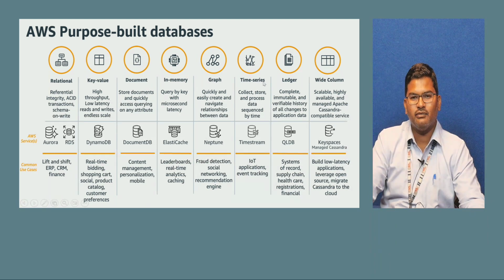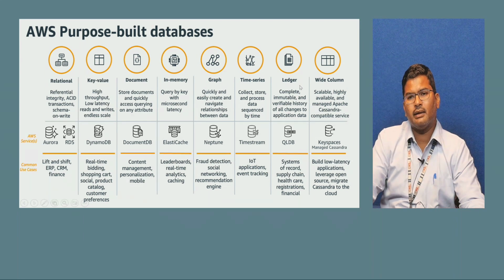Next, coming to time series, this is for time series collection, to store and process data sequenced by time, very popularly used in IoT, Internet of Things applications and event tracking.